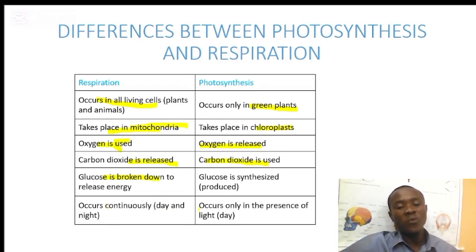But the process of photosynthesis, even though it can occur during the day and during the night, occurs mainly in the presence of light. That means it is occurring mainly during the day. While respiration occurs continuously, day and night.